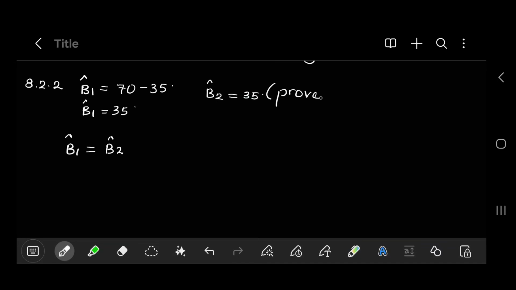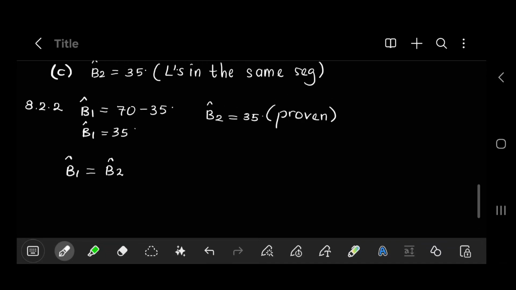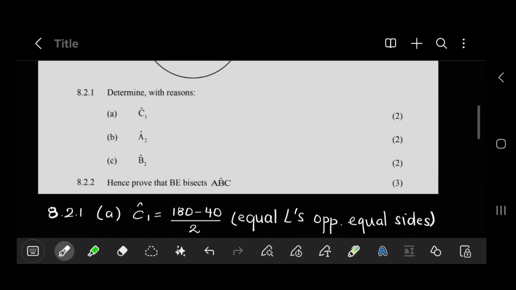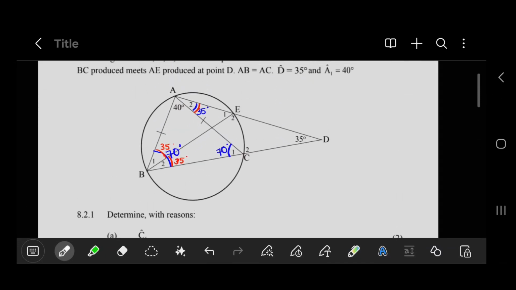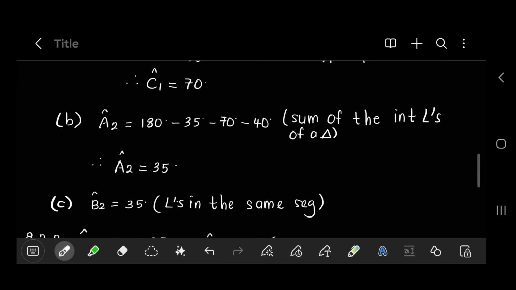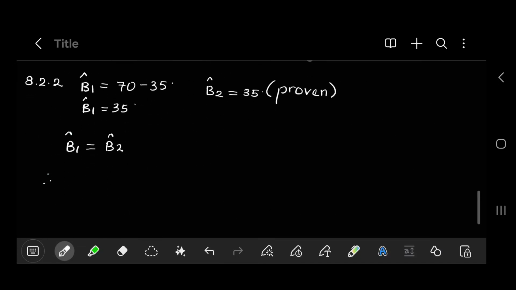That was proven already. And since the two angles are equal to each other, then yes, it means that the whole angle ABC has been bisected. So we can now conclude and say, therefore, BE bisects angle ABC.